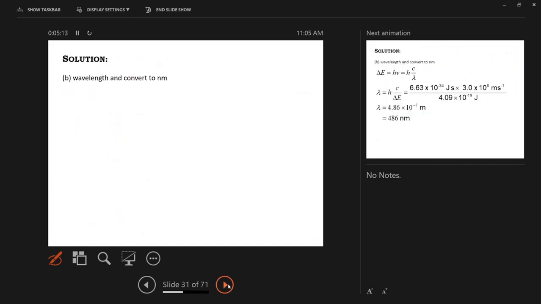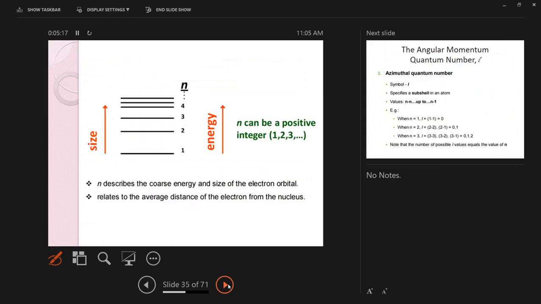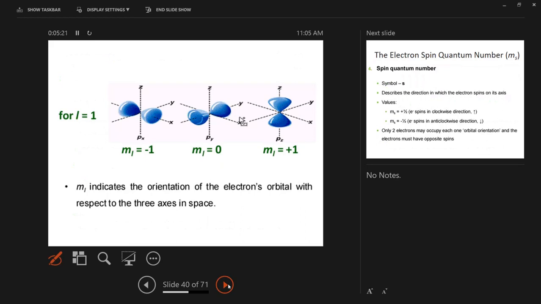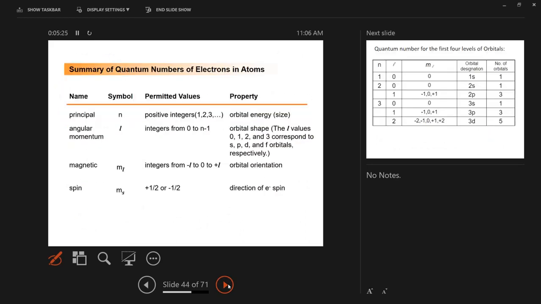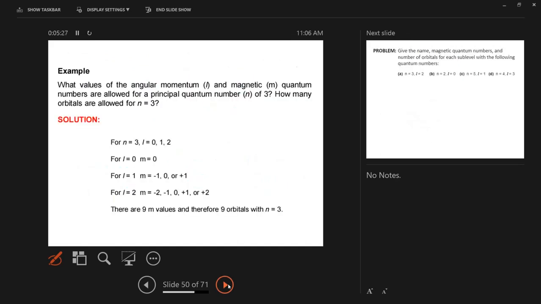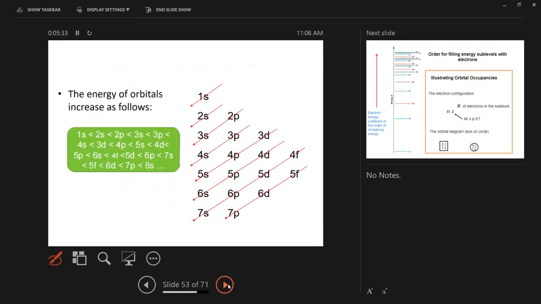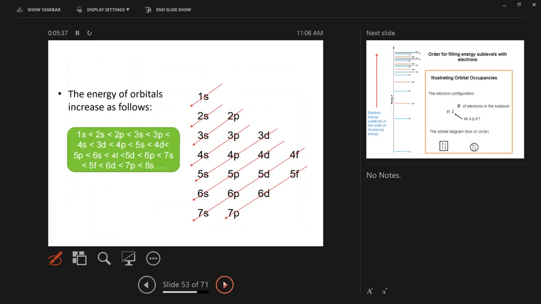Dekat Hund's rule, dia cakap kamu mesti susun elektron tu supaya seimbang dulu, baru kamu boleh pairkan. Kalau yang ni dia ikut Aufbau principle.